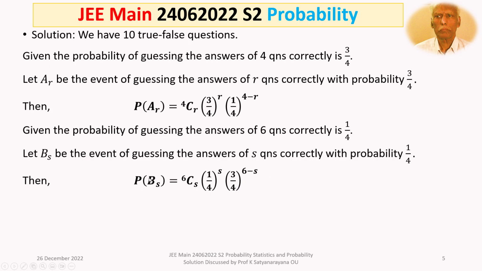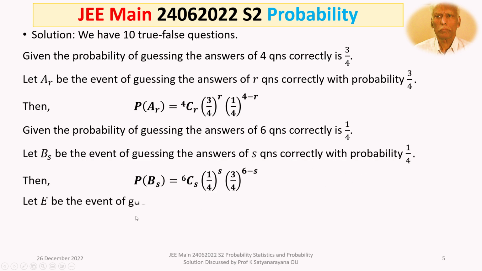So the probability of B_s is 6Cs (1/4)^s (3/4)^(6 minus s). If the student is guessing the questions of this type, then I'll say this is of the B type, meaning guessing correctly with the probability 1/4.